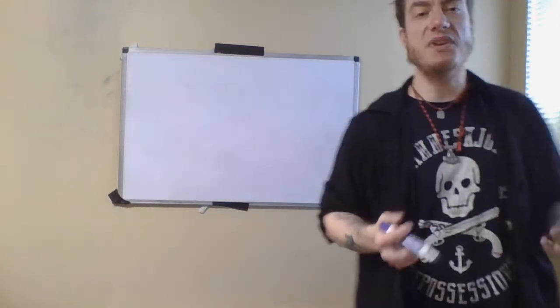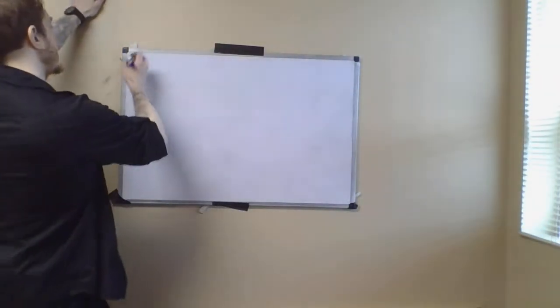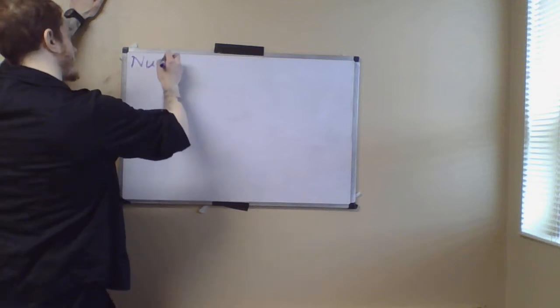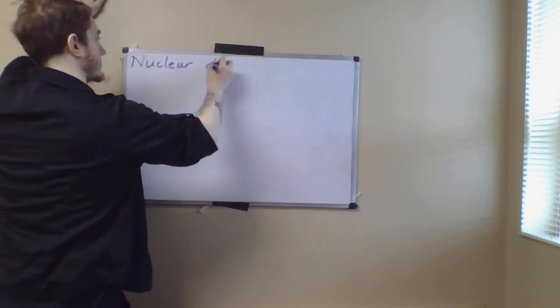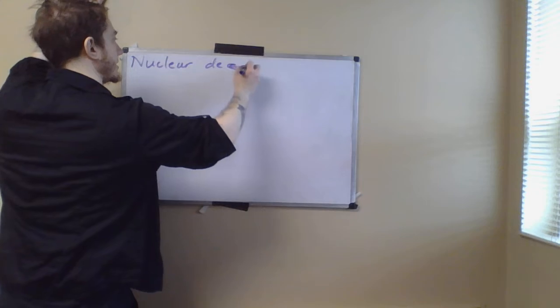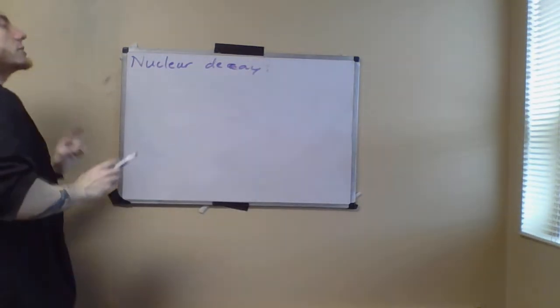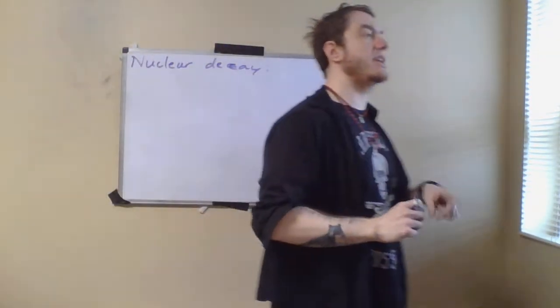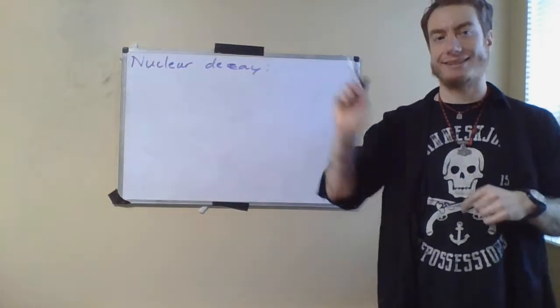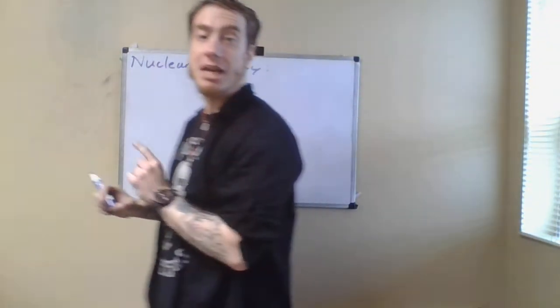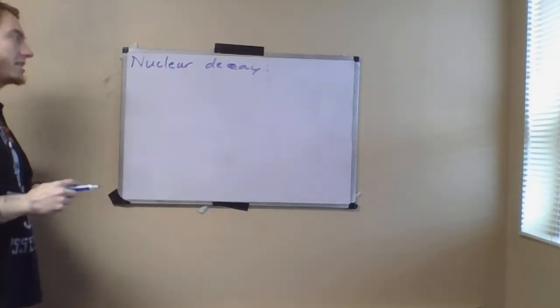So, in physics, in nuclear physics, for example, we have nuclear decay. And nuclear decay is an interesting one because it's not exactly what I wrote down in that previous example. Or rather, we don't usually write it quite that way.